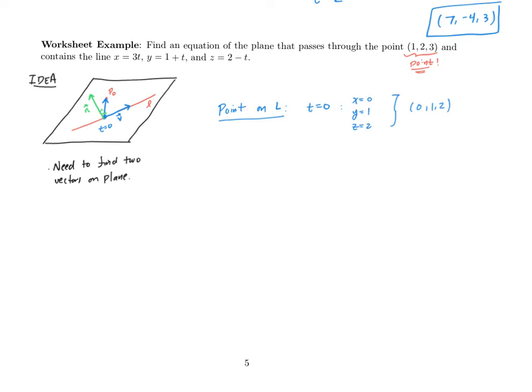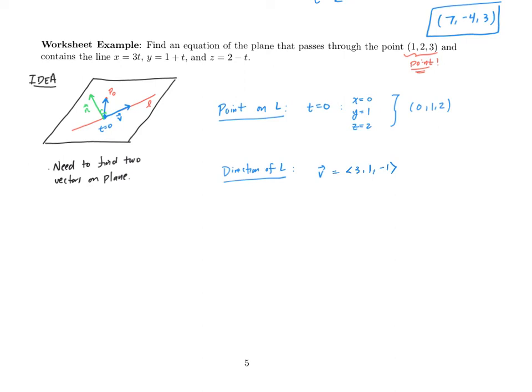The direction of the line we can read off by the coefficients of t when we are in parametric form. The coefficients of t are respectively 3, 1, and minus 1, so the direction vector would be (3, 1, -1). And this represents a vector on the plane.